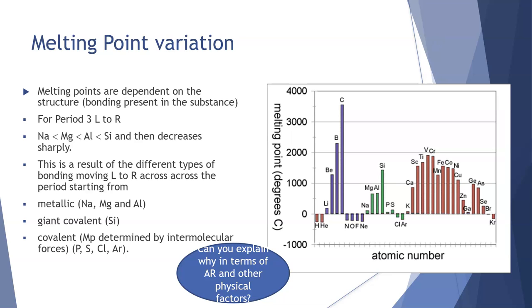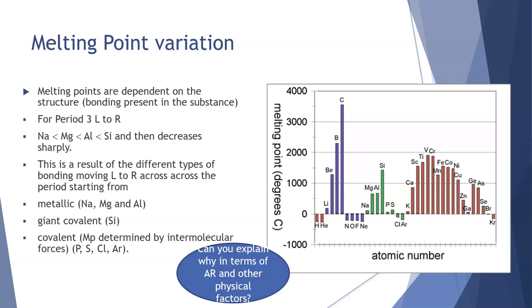The other thing that we can talk about as being a trend is melting point variation. So the melting points are dependent on the structure or bonding present in a substance. So for period 3, from left to right, sodium, magnesium, aluminium, and silicon, it will increase, but then it decreases sharply.